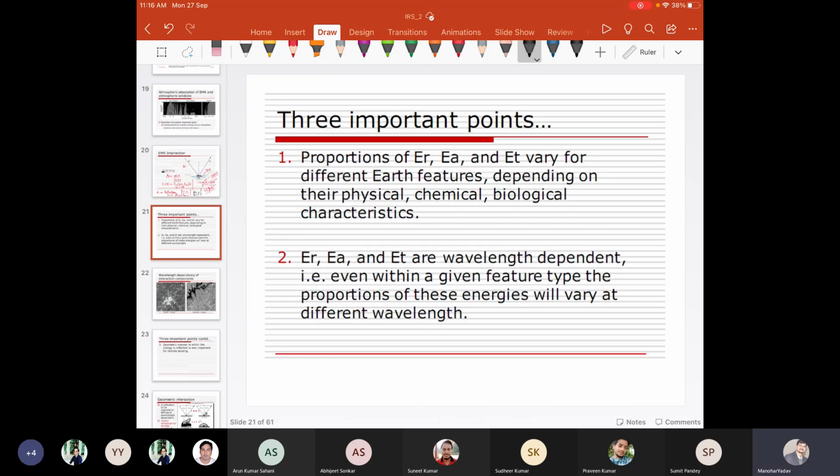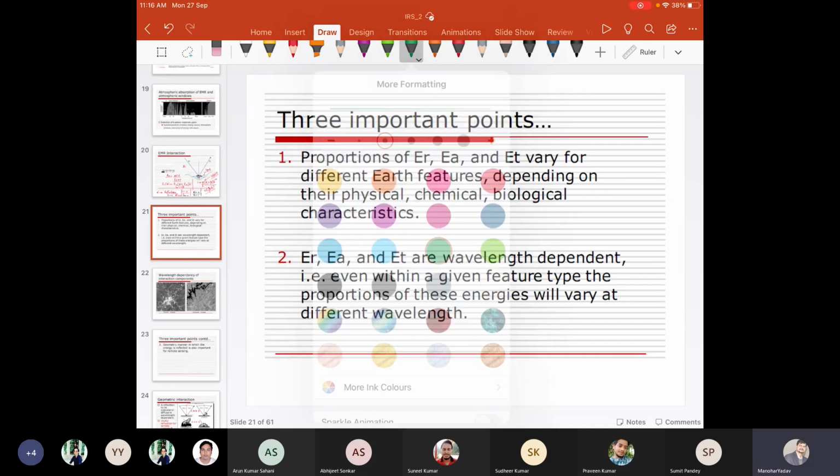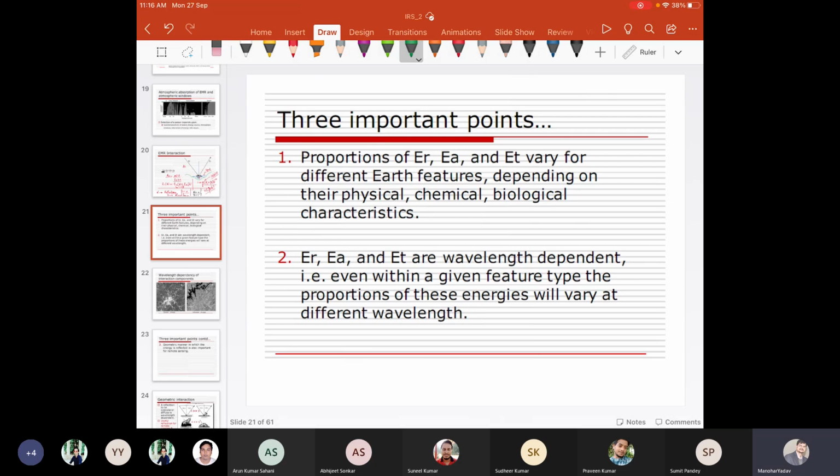So we have 3 important points: the proportions of reflected, absorbed and transmitted energy vary for different Earth features depending on their physical, chemical and biological characteristics. What does this mean? Because there is a dependency on the wavelength.